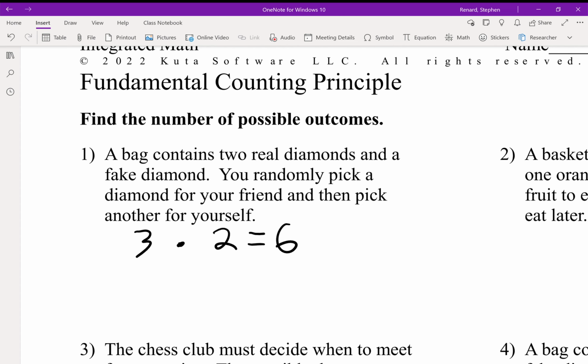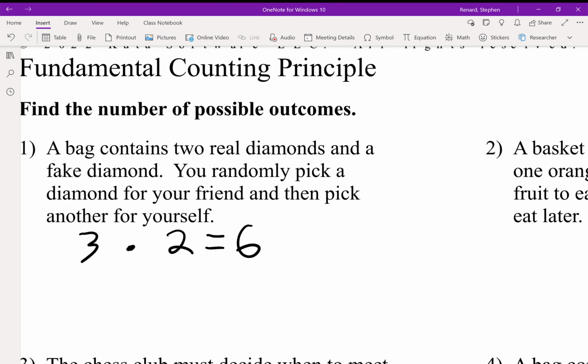And I'm just going to quickly show you, I showed you guys yesterday the outcome tree. So remember I have 2 real and 1 fake. So if my first pick is a real diamond, I have 3 options, real, real, or fake.